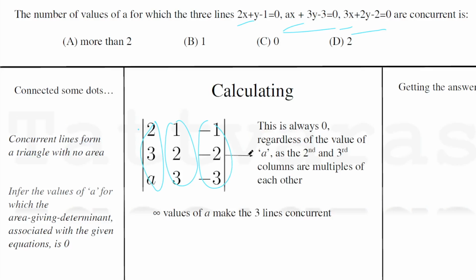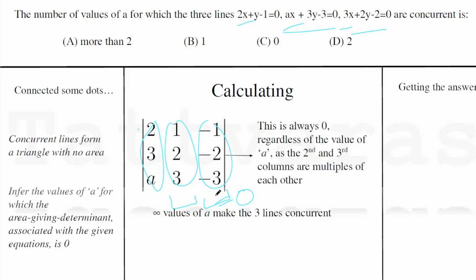Normally we would have to equate it to 0 and compute the value of A for which it's 0. But we don't even need to go into all of that, because we see that these two columns are multiples of each other. And if there's one thing that you should know about determinants, it is that they become 0 when the rows or columns are multiples of each other.